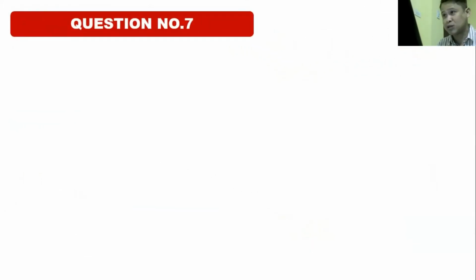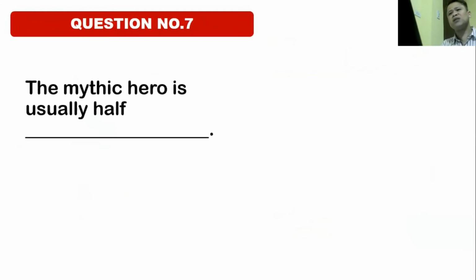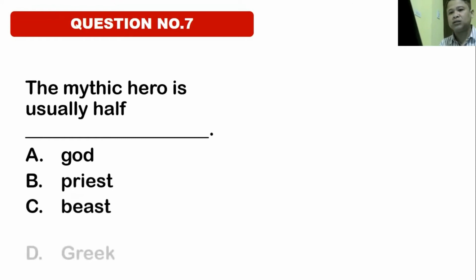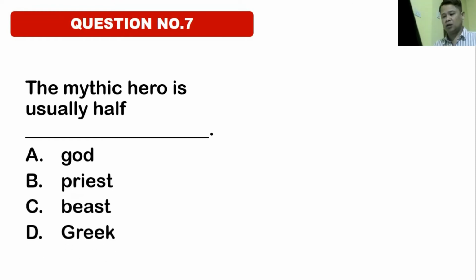Now let's go to question number 7. The mythic hero is usually half A, god, B, priest, C, beast, D, Greek. The correct answer is letter A, god. The mythic hero is usually half god, half human, half mortal, half divine.